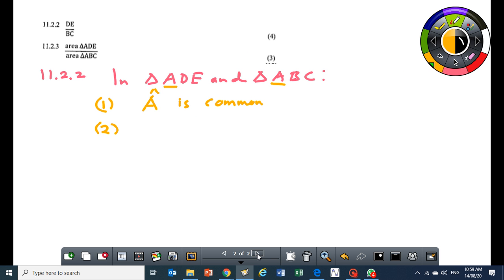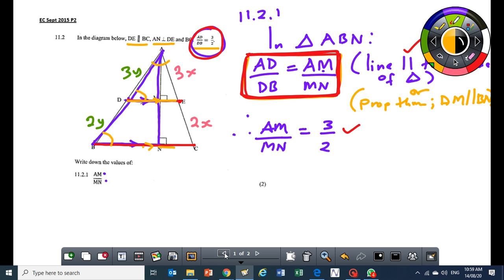So here I'll say angle ADE is equal to angle ABC. And my reason, corresponding angles, the two lines that are parallel, DE is parallel to BC. Then, the third pair of angles, this angle here, angle AED and angle ACB, they are also equal.